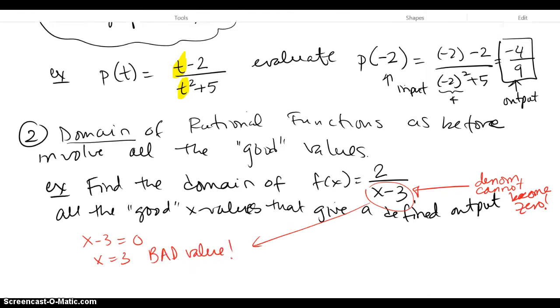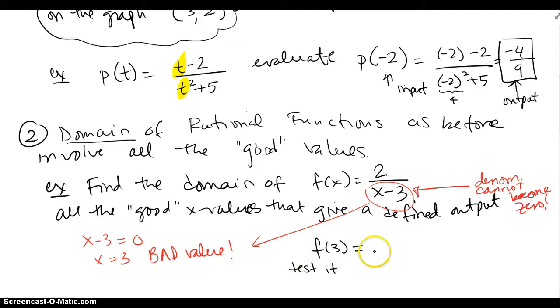Because if I put it in, let's say I test f of 3, f of 3 is 2 over 3 minus 3, and I get 2 over 0, which is undefined. So it didn't give me a good output back out, which means 3 is a bad value.